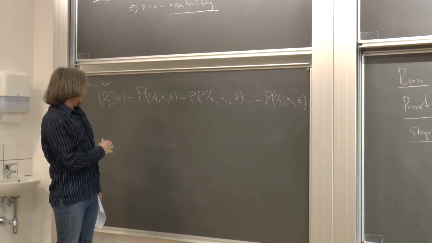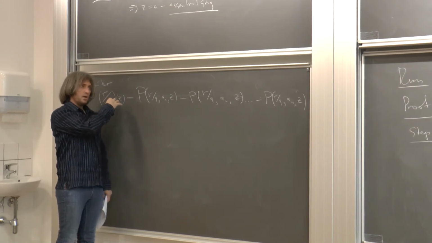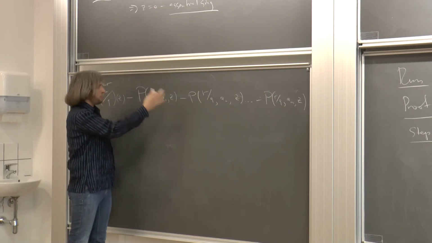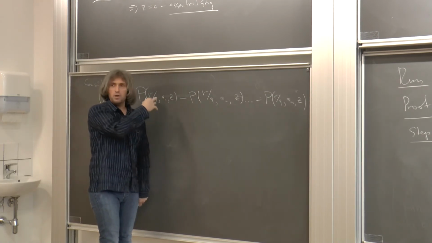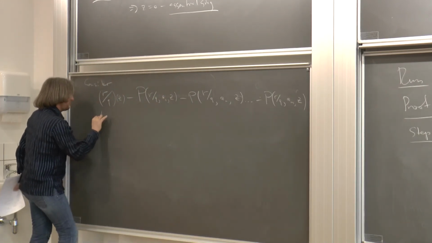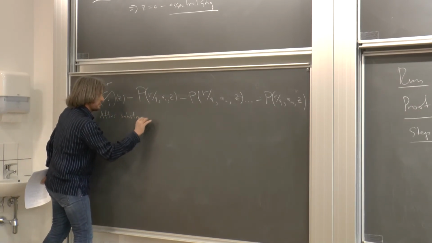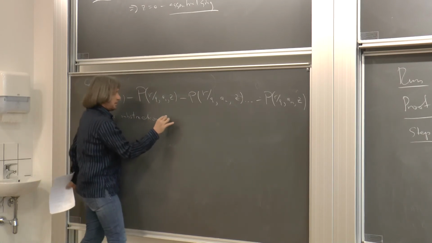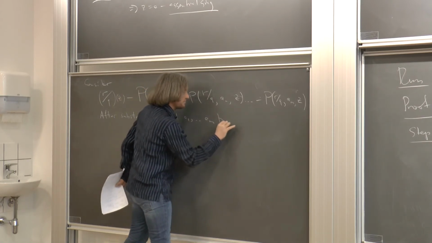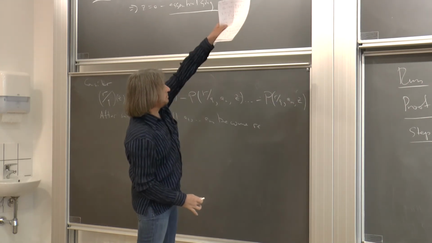After each subtraction, the function will stay holomorphic in the complement of the previous points, but one more point will become a removable singularity. So after this subtraction procedure, all a1, ..., ak become removable, basically by the claim which I put over there.